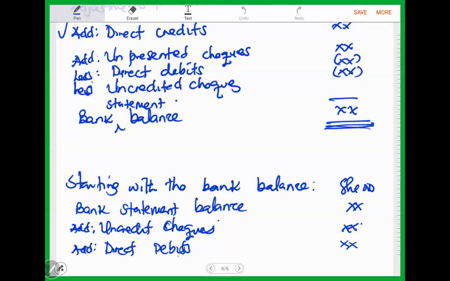When I have direct debits, it means there is money that went off in my account, which does not show in my cash book that indeed there is money which was deducted. And because this money we had debited, showing that money had moved out, by adding back these direct debits, it shows as if there is no money that had been moved out. That is why we are adding back.